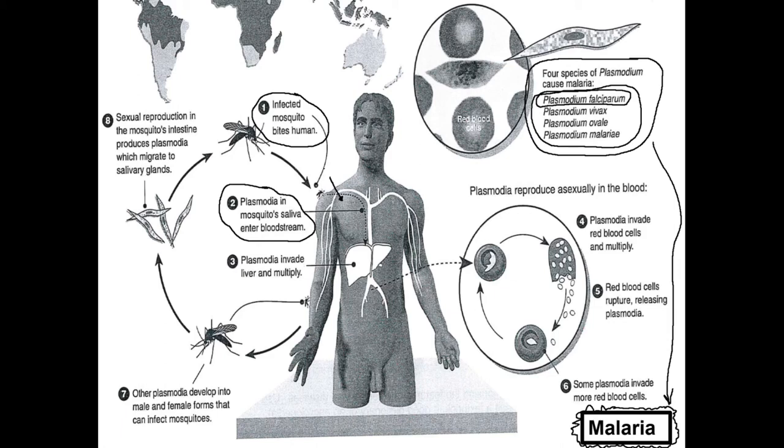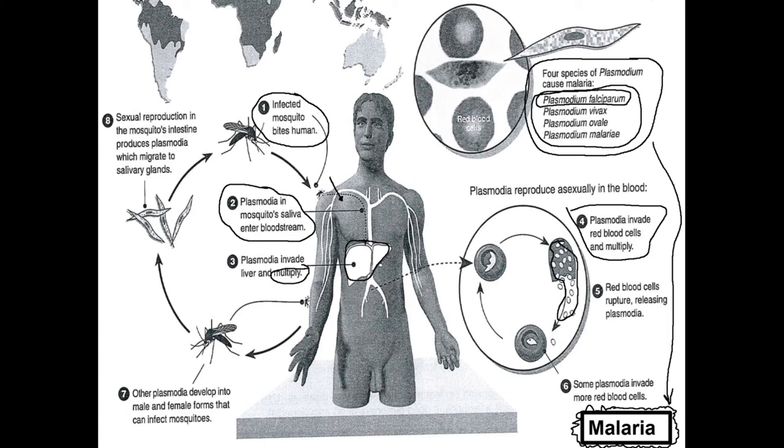The plasmodium travel round the bloodstream and find their way into the liver, where they replicate even more, they multiply. When they multiply in enough numbers, they find their way into erythrocytes, and within the erythrocyte they start replicating so much that the red blood cells burst.